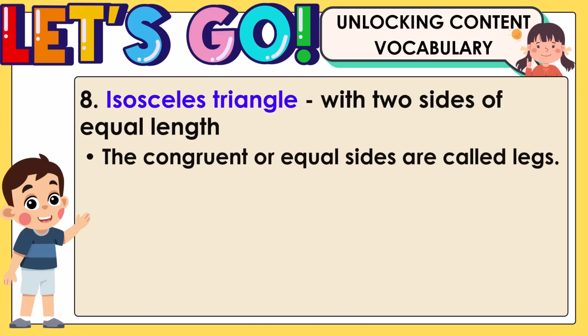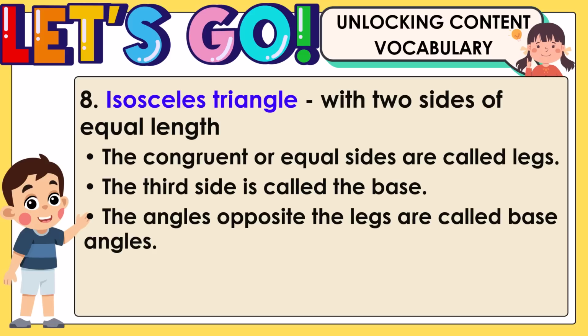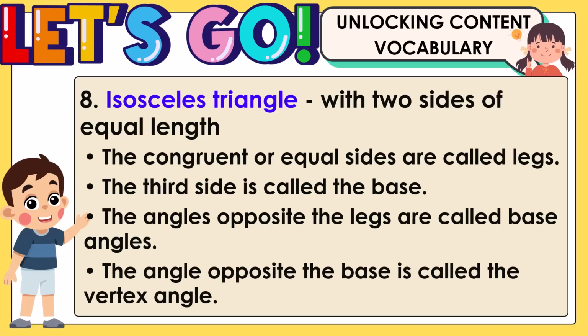The congruent or equal sides are called legs. The third side is called the base. The angles opposite the legs are called base angles. The angle opposite the base is called the vertex angle.